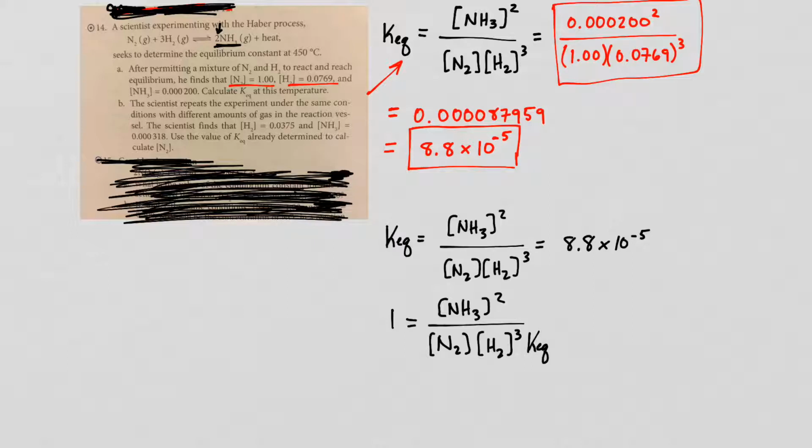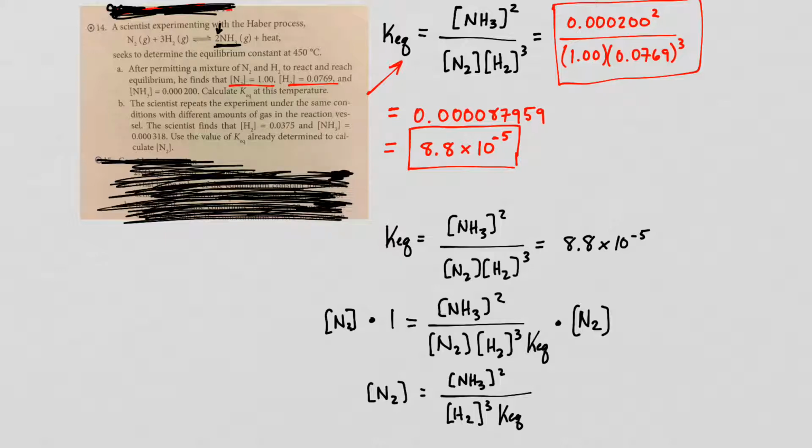Then I'm going to multiply both sides by the concentration of N2. And you get that the concentration of N2 is equal to the concentration of NH3 squared divided by the concentration of hydrogen gas to the third times KEQ.